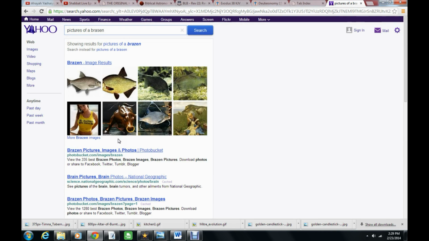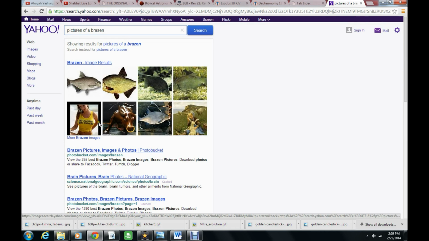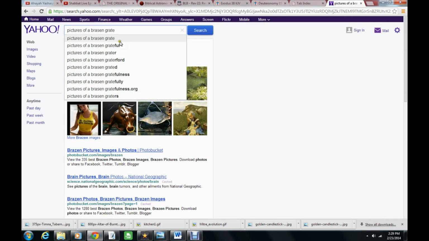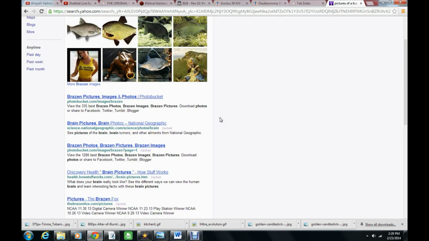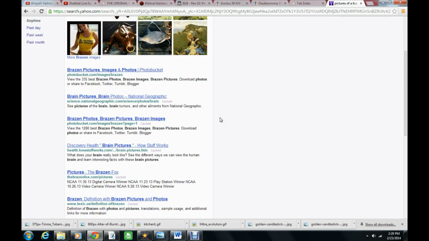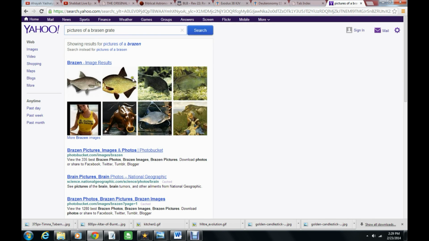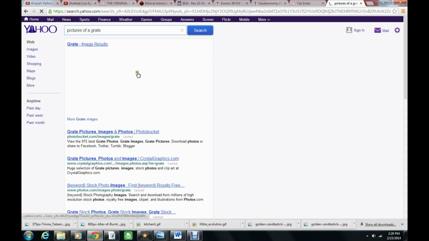A brassin. That's a fish. But that's a brazen, not a brassin. Alright, let me look up what a grate is at least. Then maybe I can put together the picture.